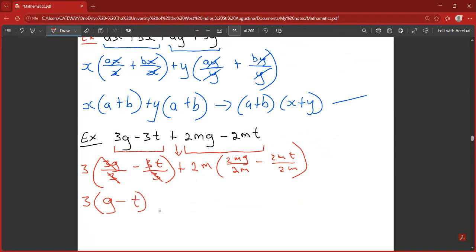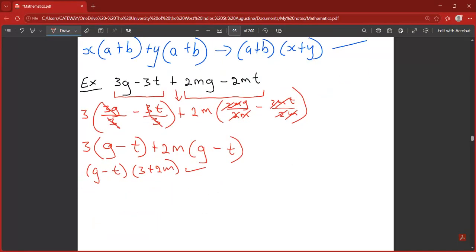Close bracket. For your plus sign, you put back 2m, open bracket. 2mg divided by 2m, 2 cancel, m cancel, you remain with g. Minus sign. 2mt divided by 2m, remain with t. So you now take out the g minus t in one bracket, and put the 3 plus 2m in the next bracket, and that is our answer there.